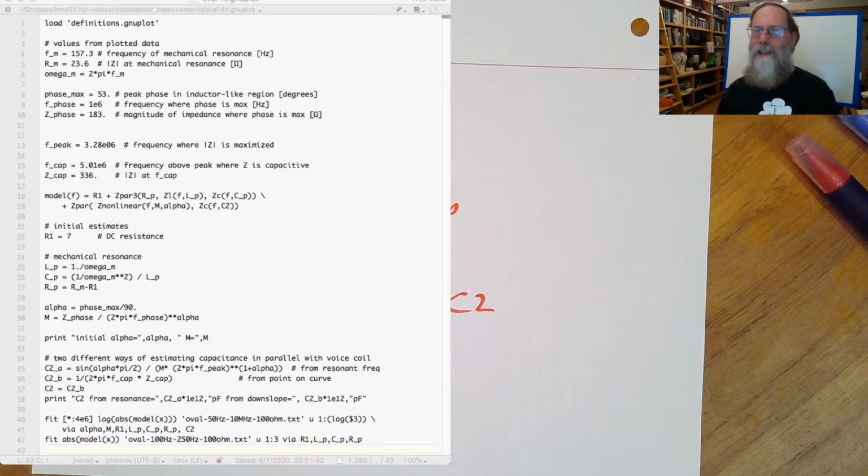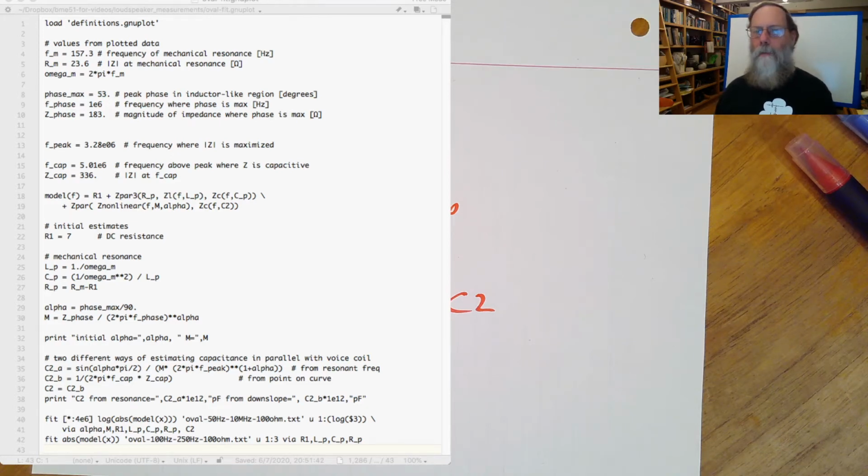So this is an easy way to play around with those initial values. Turns out I didn't need to play around much. Anything where L and C are within a factor of 10 or so of each other would have converged just fine.